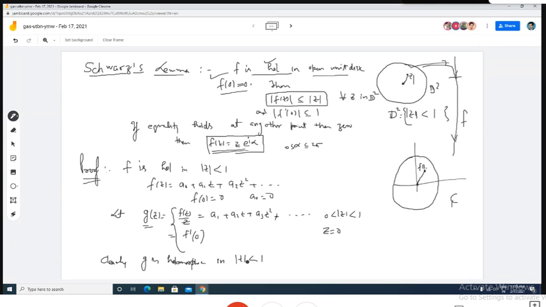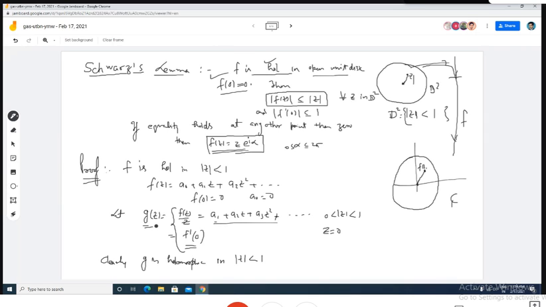Because for any z not equal to 0, it is just this infinite series. An infinite series is holomorphic within its radius of convergence, the circle of convergence. And at z equal to 0, if you have any confusion, it's just f dash 0. So the function is differentiable at 0.